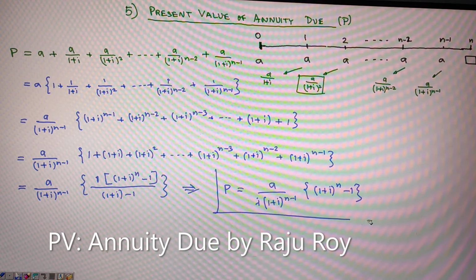So this is the present value for annuity due.